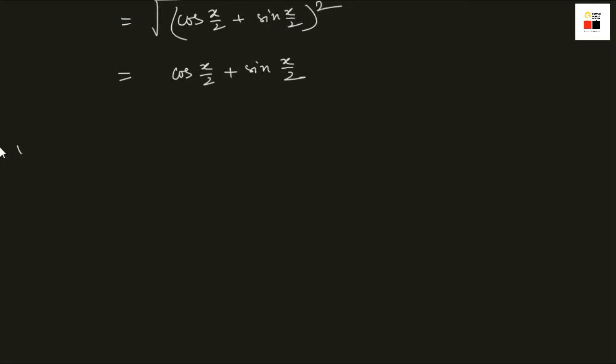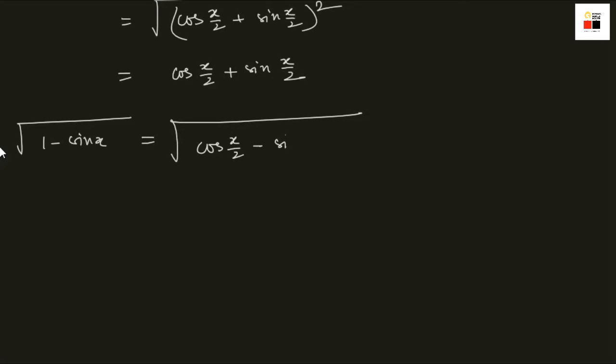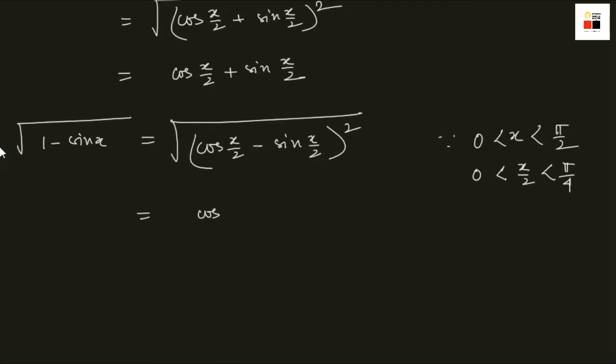Similarly, under root 1 minus sin x is equal to under root of cos x by 2 minus sin x by 2 whole square. Since 0 is less than x less than pi by 2, 0 is less than x by 2 less than pi by 4. This implies that it is cos x by 2 minus sin x by 2.